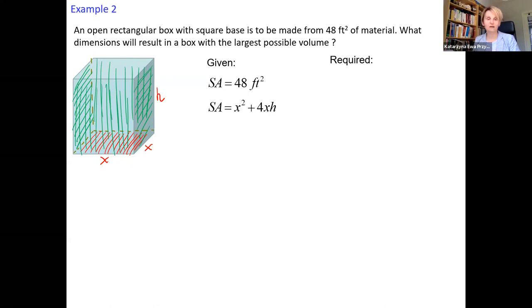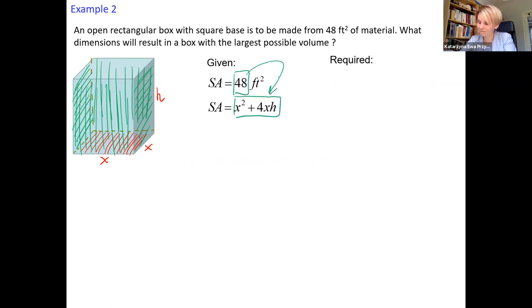That's the next step. We have to take care of the given information. And we may set up an equation. X squared plus 4xh equals 48.